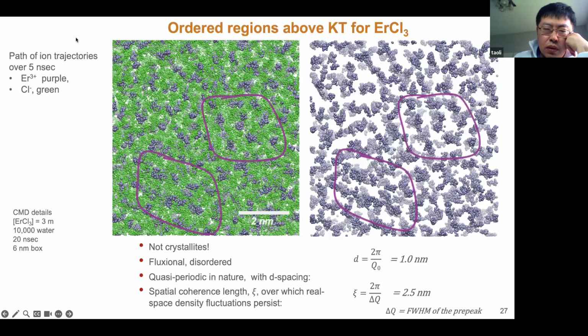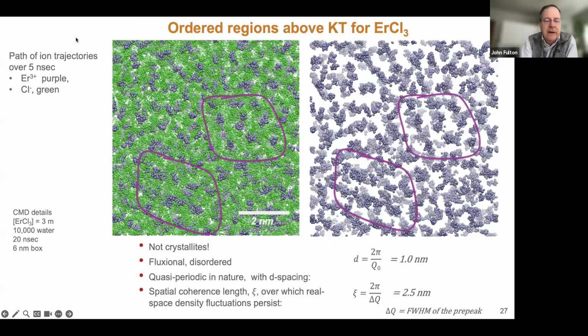I have a question for your system. We saw a lot of pre-peaks, sometimes even more than two pre-peaks. So you see the clustering for your cations. And how about the water, the solvent? Do you also see any clustering or not?